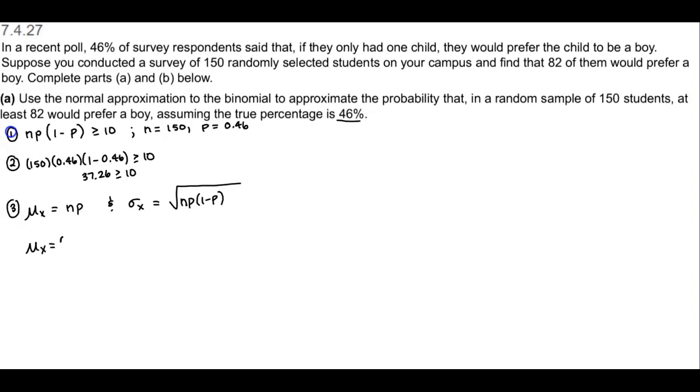The mean is going to equal 150 times 0.46, which gives us a mean of 69. And the standard deviation is going to be the square root of 150 times 0.46 times 1 minus 0.46, and if we round it to 3 decimal places, we get 6.104.